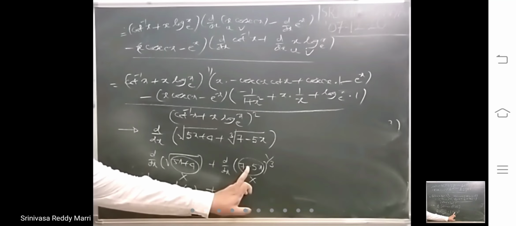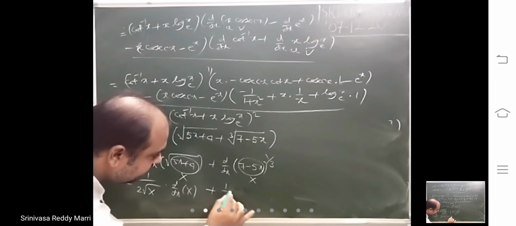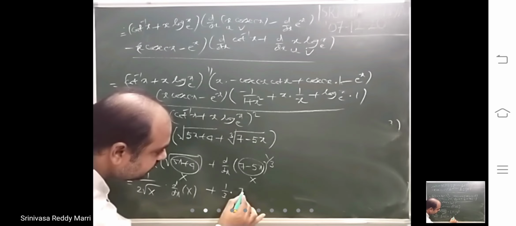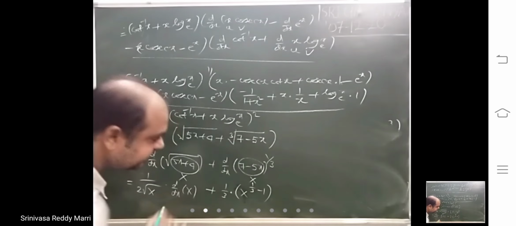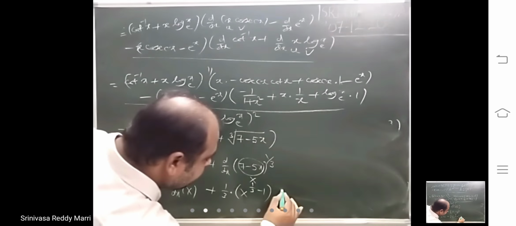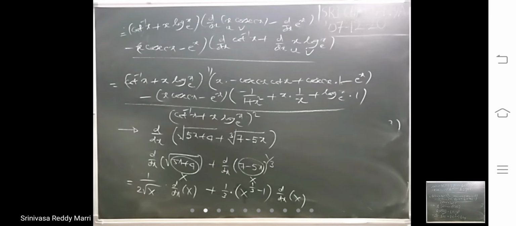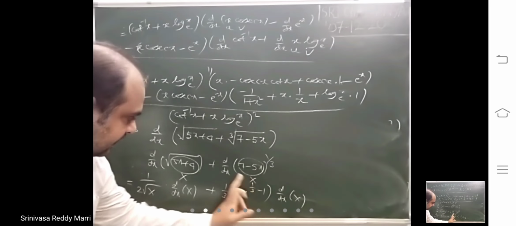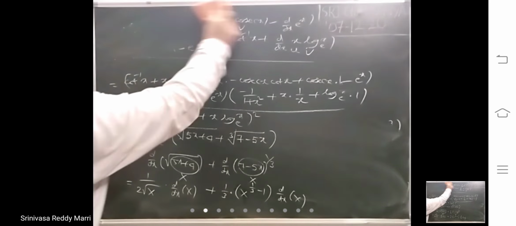Now variable to the power number, always you have to identify the formula x power n. So x power n means what is the formula? n into x power n minus 1 into d by dx of capital X. Here capital X is this. So then what will you get here?